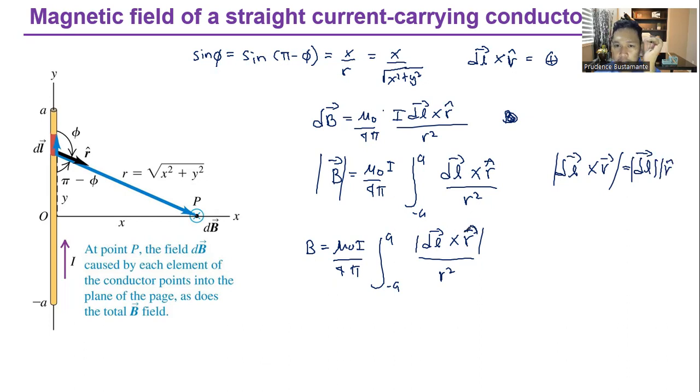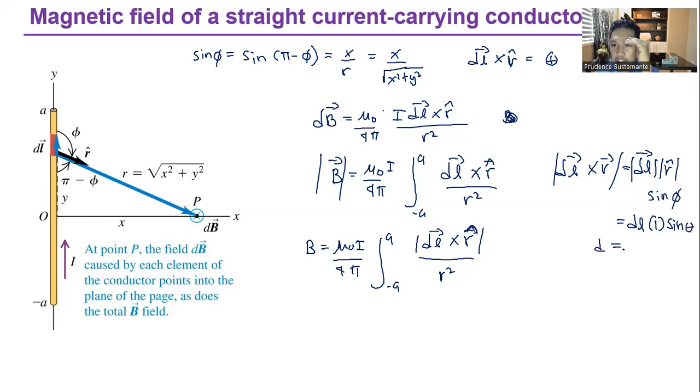times sine of phi, where phi is the angle between r and dl. So it is dl times the magnitude of r hat, which is 1, times sine of phi.